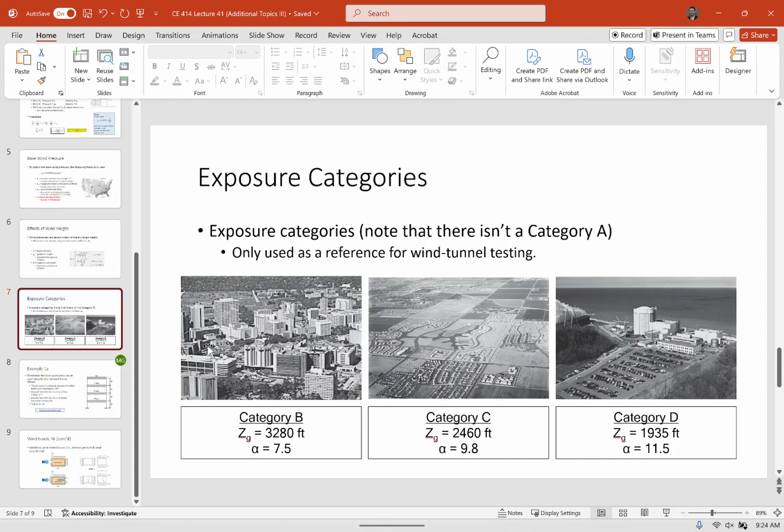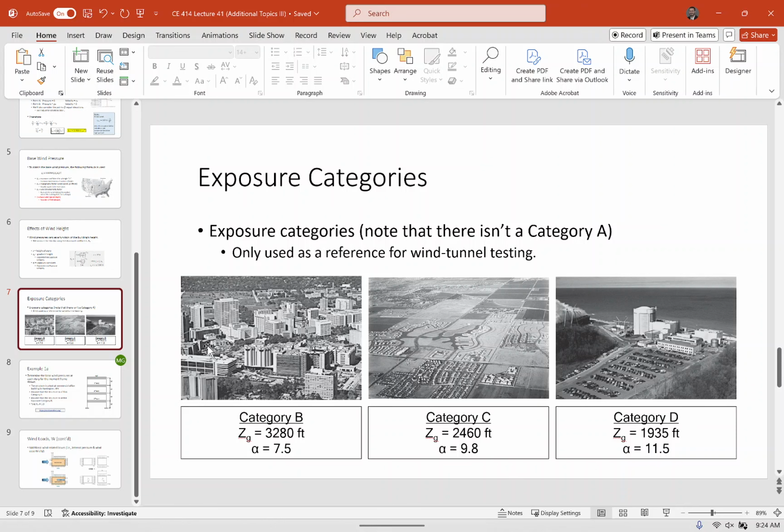Just to give you an idea of what these are, alpha is a reflection of how much your wind speed changes as a function of height. As your building gets more and more exposed, you have different degrees of pressure changes across the height of the building. And zG is what we call the gradient height.